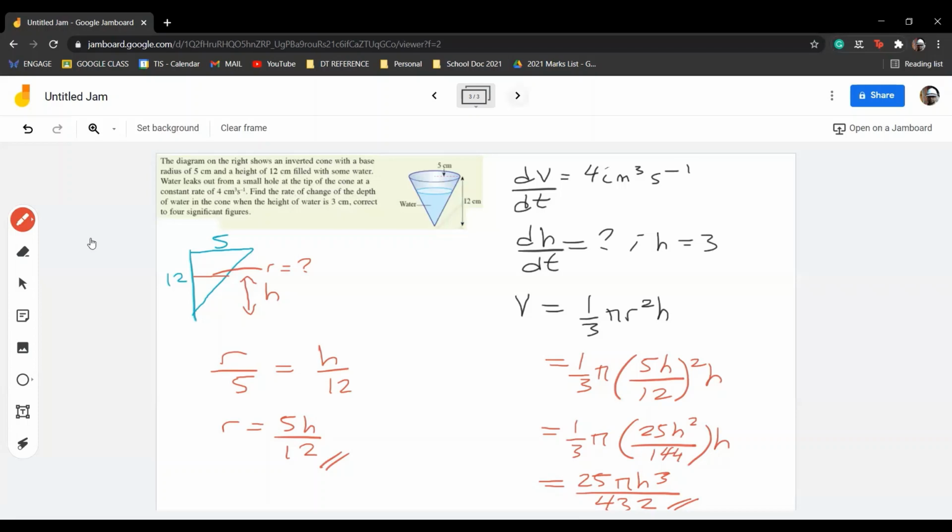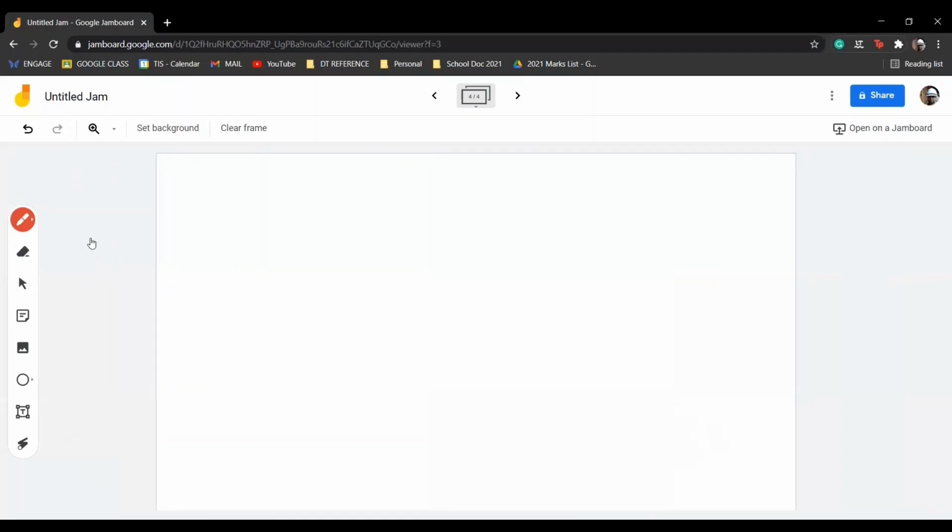Now, with our volume 25 pi h cube over 432, we need to get the rate of change.